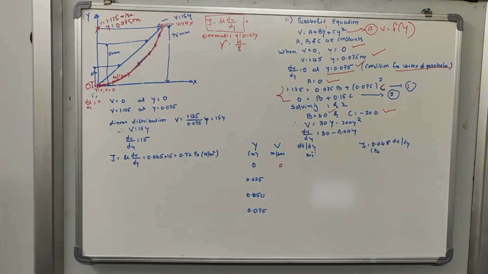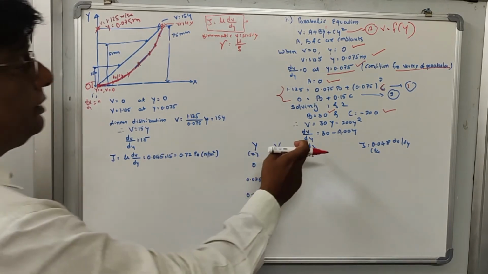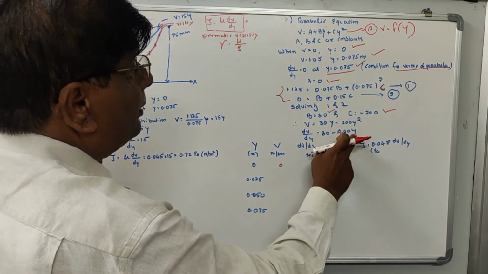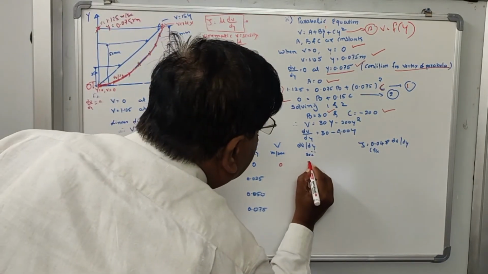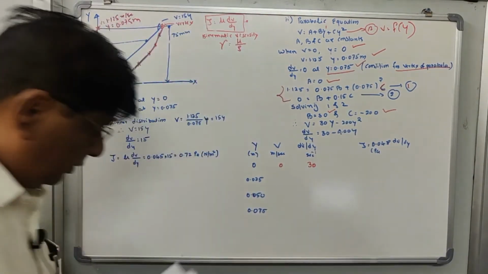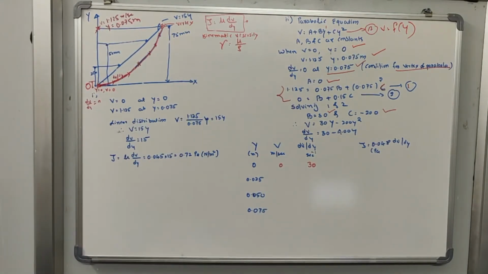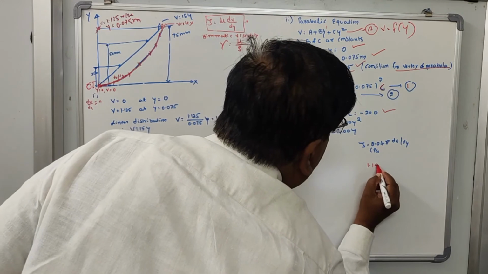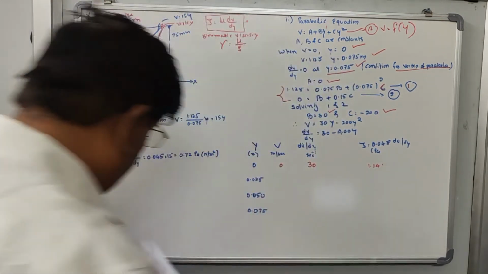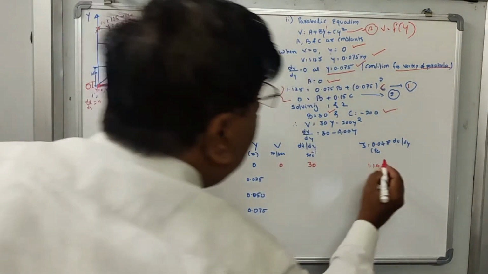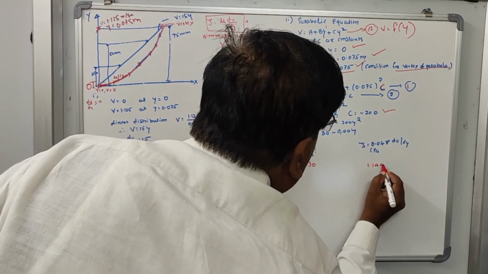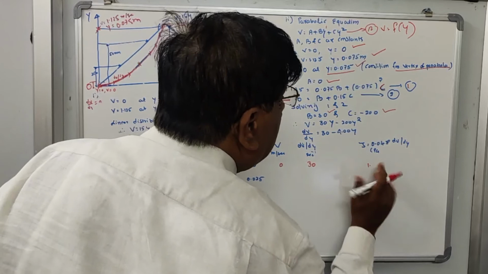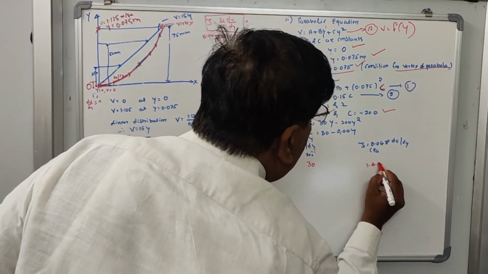Next dv by dy. dv by dy is equal to 30 minus 400 multiplied 0 means you are getting this value as 30, right? That is given. And at this time the viscosity is 1.44. So you calculate because you know all these things.